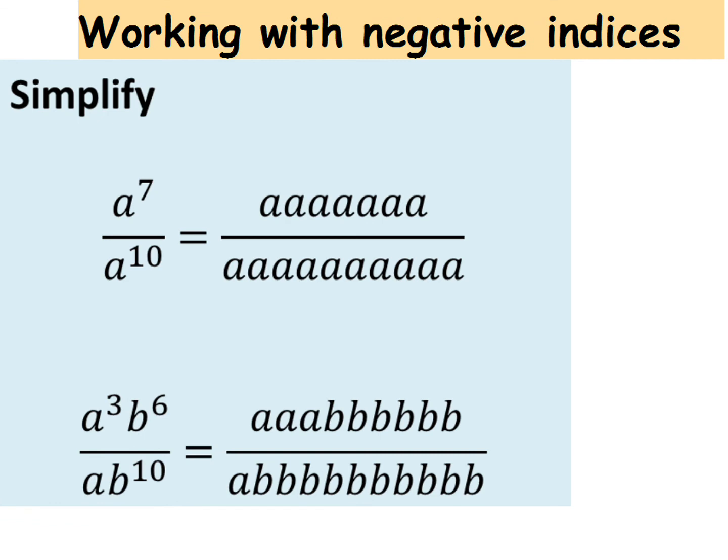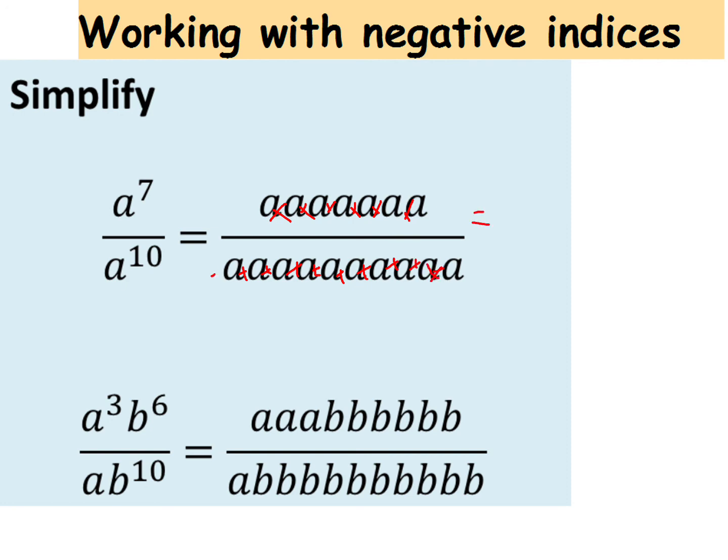So a to the 7 is a times a times a times a times a times a times a, divided by a to the 10, which is a times a times a times a times a times a times a times a times a times a. So that was a bit of a mouthful actually.